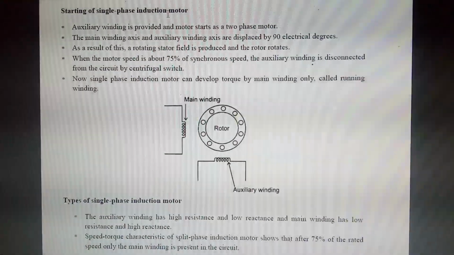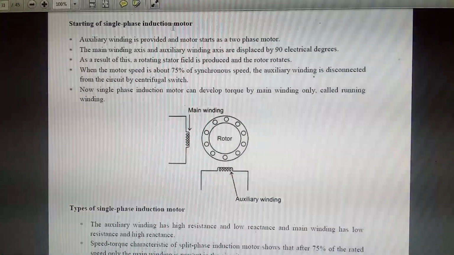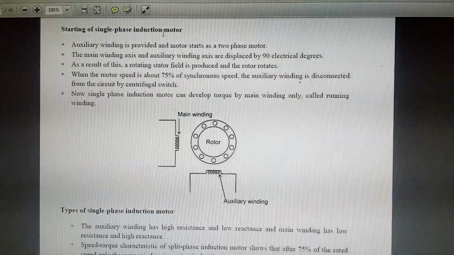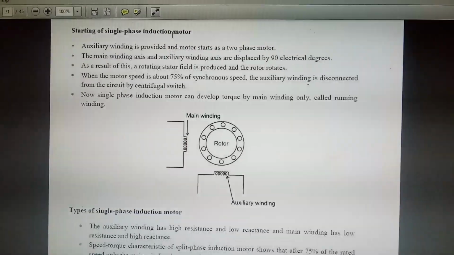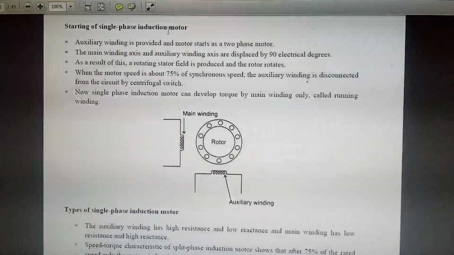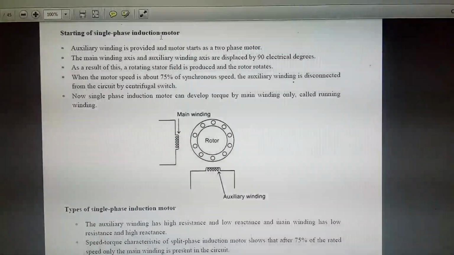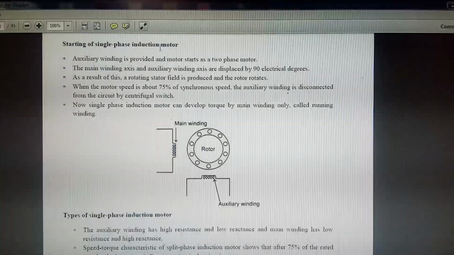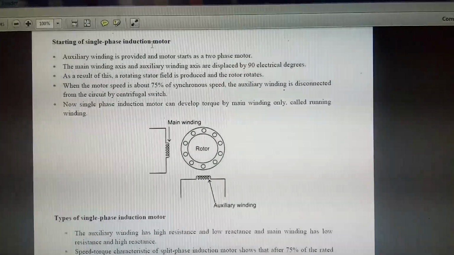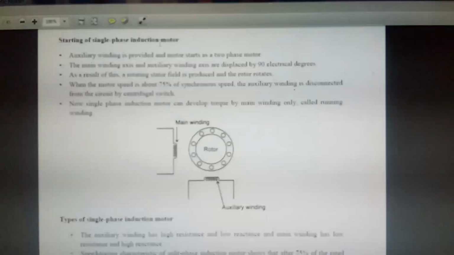Both windings are placed at 90-degree phase shift. The main winding is the starting coil, and the auxiliary winding is the running coil. When the motor speed reaches about 75% of synchronous speed, the auxiliary winding is disconnected from the circuit by a centrifugal switch.